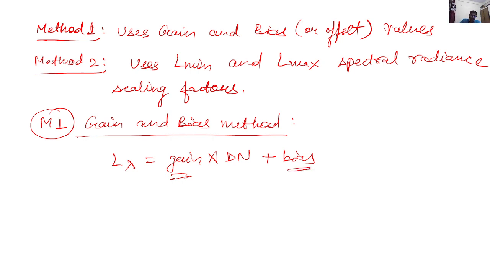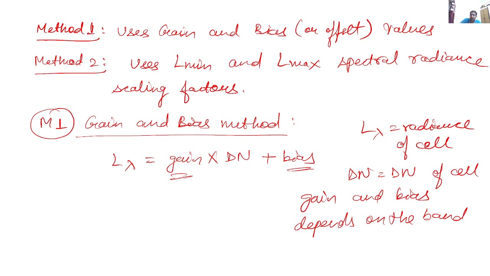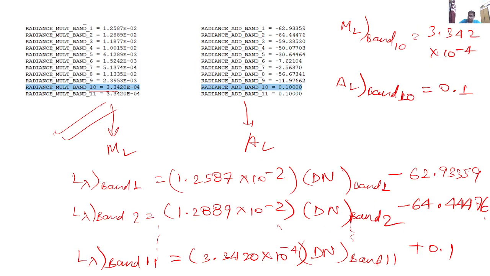They're the same things. L lambda is the radiance of the cell, and DN is the digital number of the cell, and gain and bias depend on the band. You know it very well. I already explained it in the previous example.